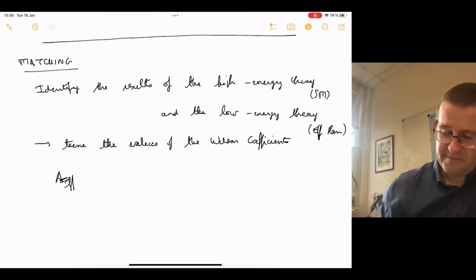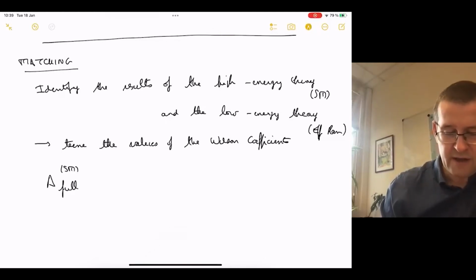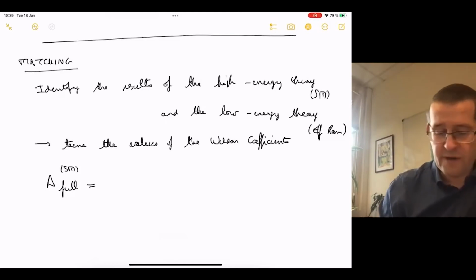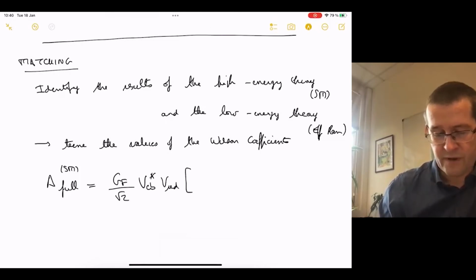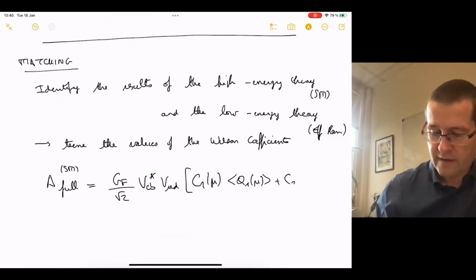If you want to have the equality between the two, then you say, I've computed my amplitude in the full theory, and I want this to be identical to what are my expectations in the effective theory.